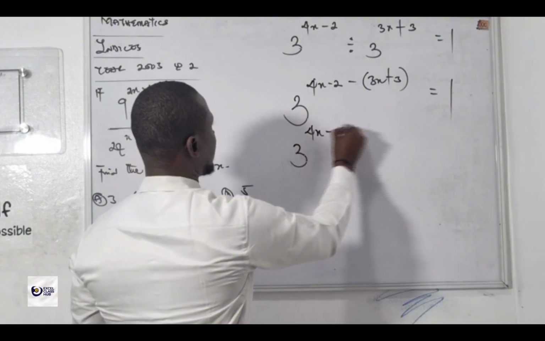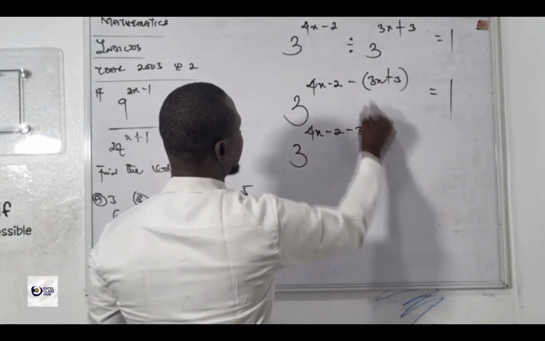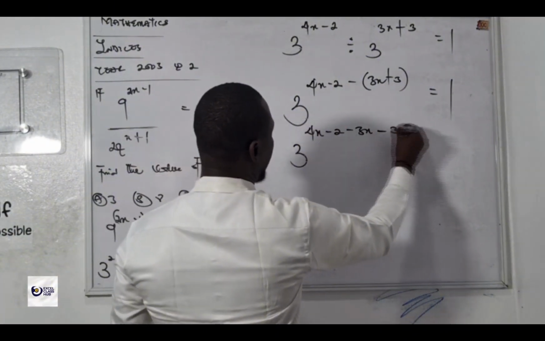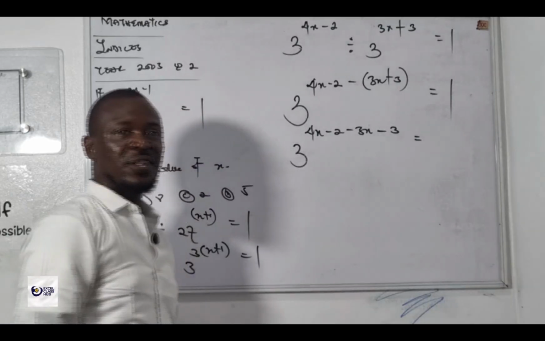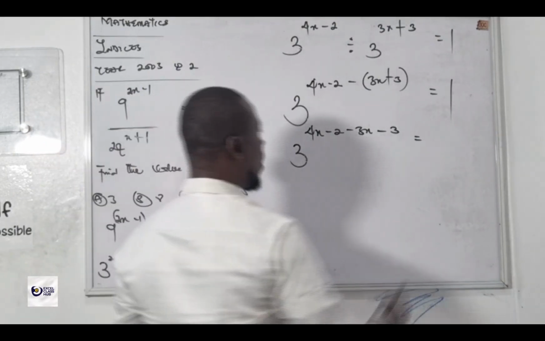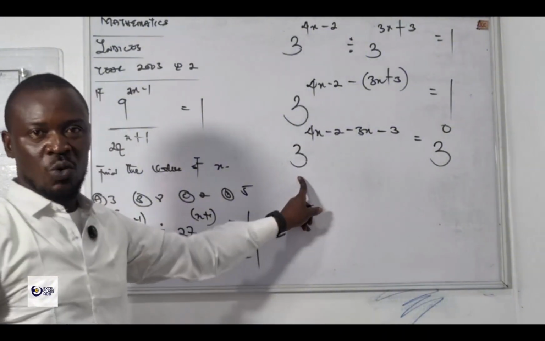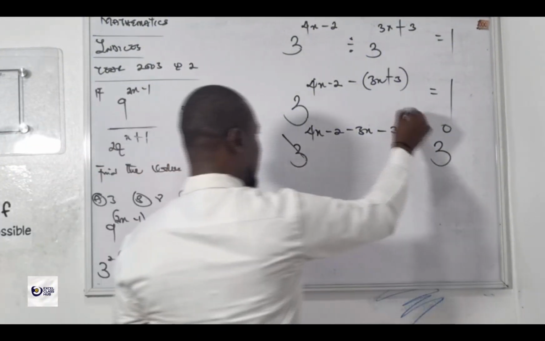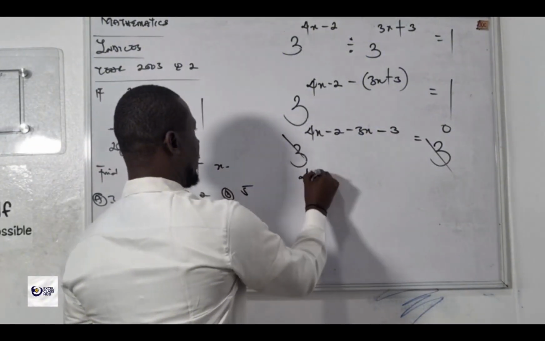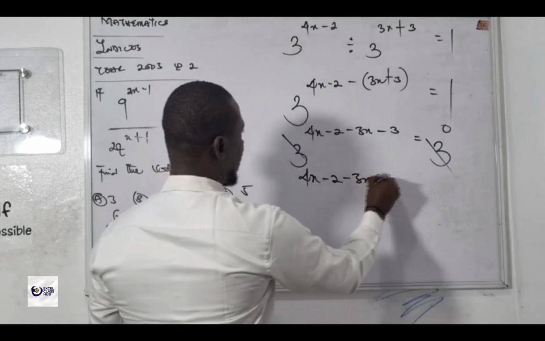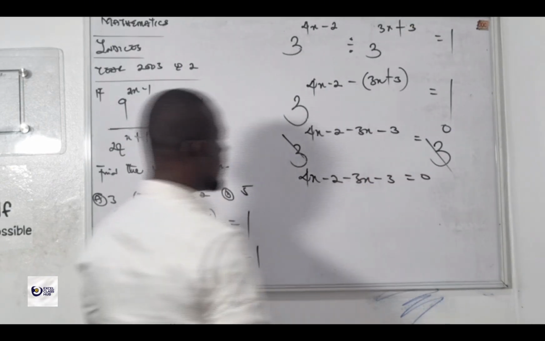So we can have 3, that should be 4x minus 2, that should be minus 3x, minus times plus is minus 3. You see this one, anything raised to power 0 is still 1. So I can change this one back to 3 raised to power 0, based on the base. So this 3 cancels this 3. I'm left with 4x minus 2 minus 3x minus 3 equals 0.